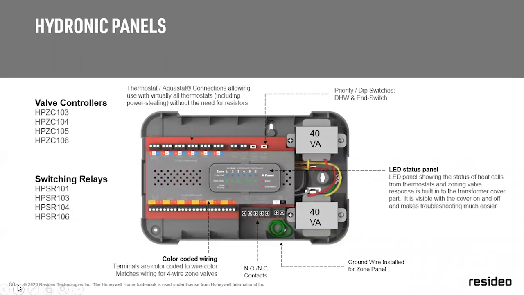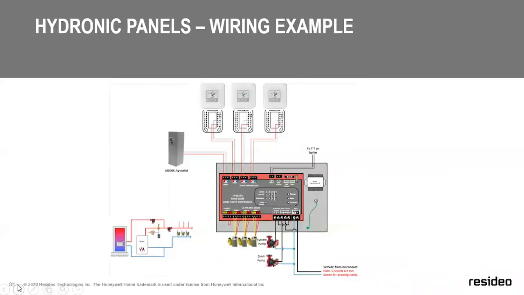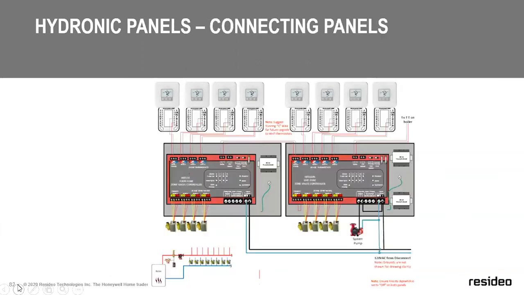There's also more room on the switching relay panels at the bottom of this. It has extra room for line voltage wiring, and it'll snap on a DIN rail or track bar, so you don't have to put screws, it'll just snap on the rail. Multiple zones, aquastat, priority zoning, pumps or valves, and also domestic hot water.